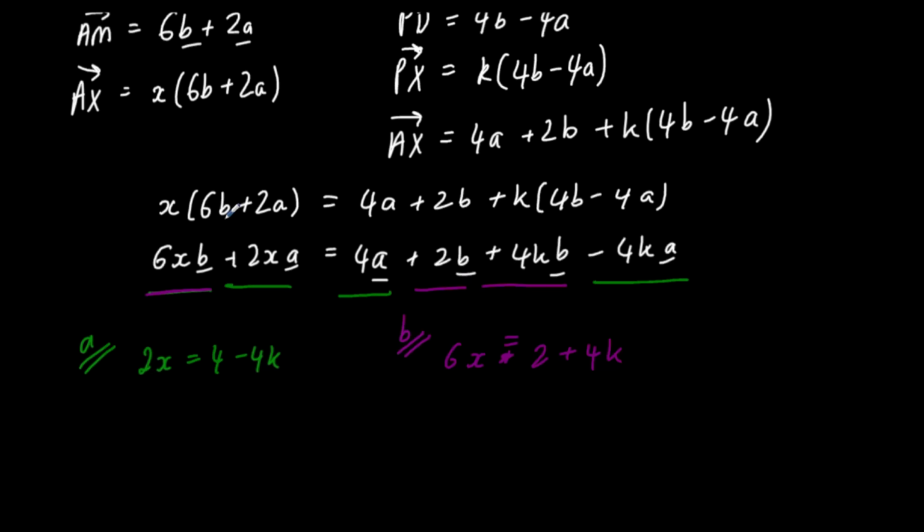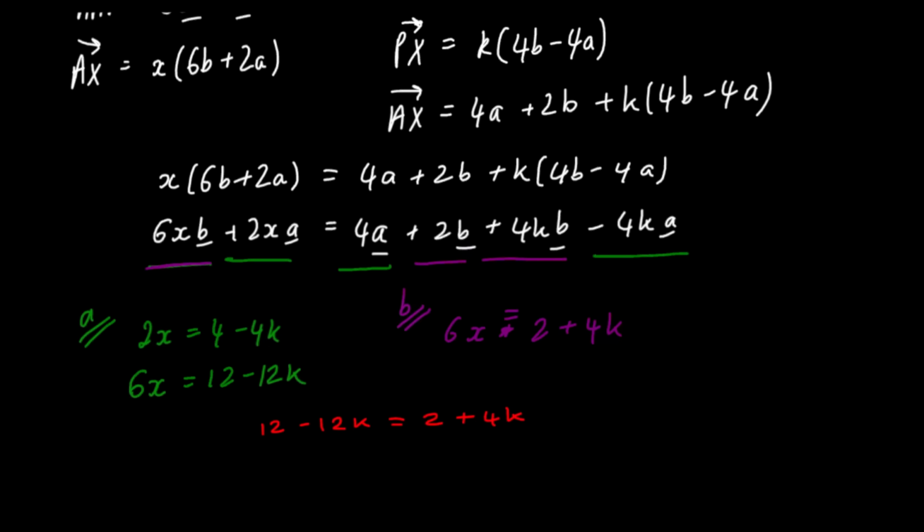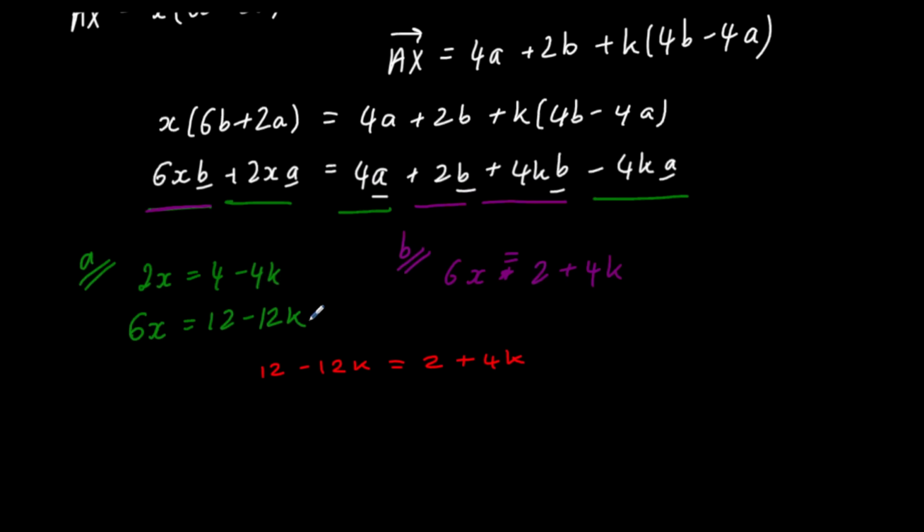We want to find k. So if I multiply this by 3, I can get 6x equals 12 minus 12k. And I've got 6x equals and 6x equals, so I can write that as 12 minus 12k equals 2 plus 4k. So that's plus 12k to both sides: 12 equals 2 plus 16k.